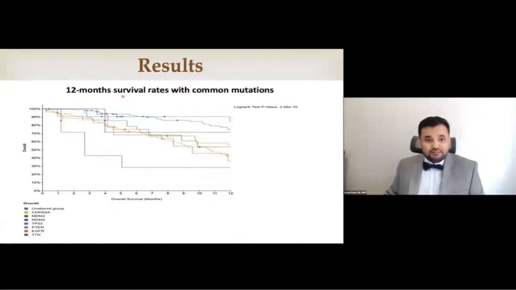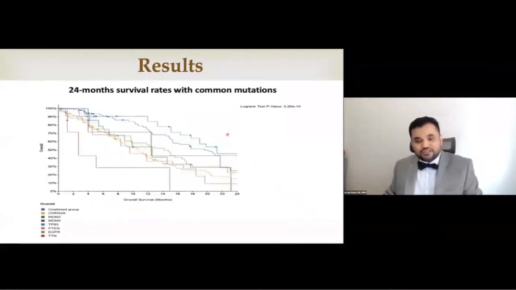Here we have a Kaplan-Meier curve with a log-rank test and significant p-value. At 12 months, the unaltered group is shown with the blue line, compared to the TTN group shown with the red line. At 12 months, survival was drastically lower in TTN compared to other gene mutations.